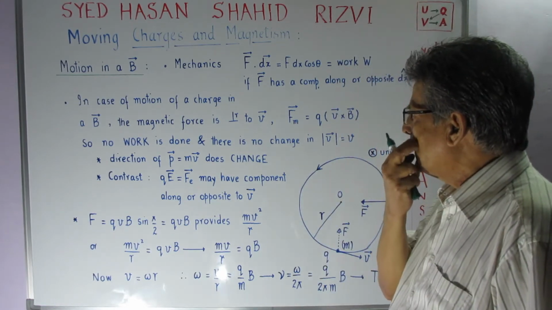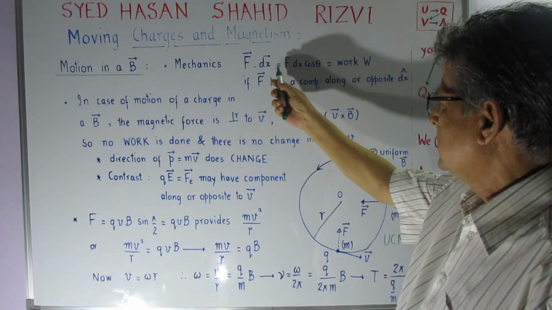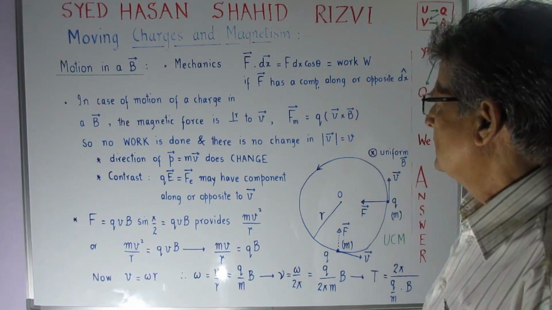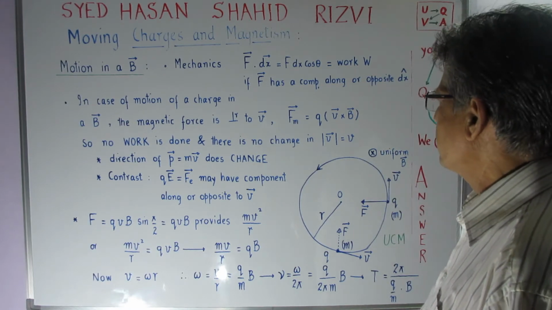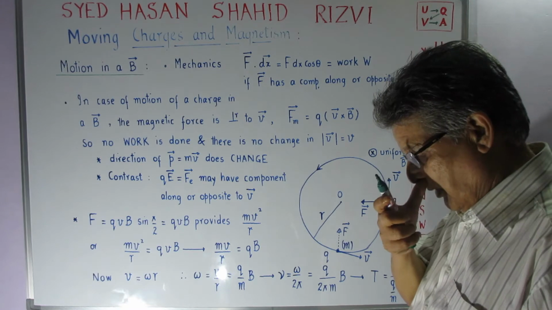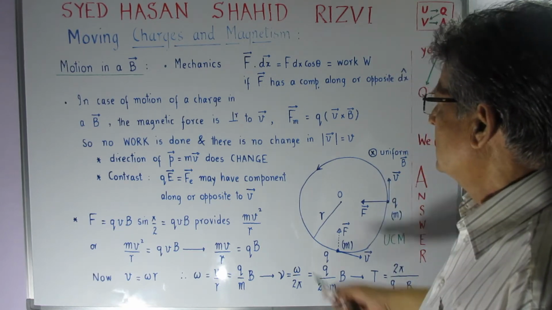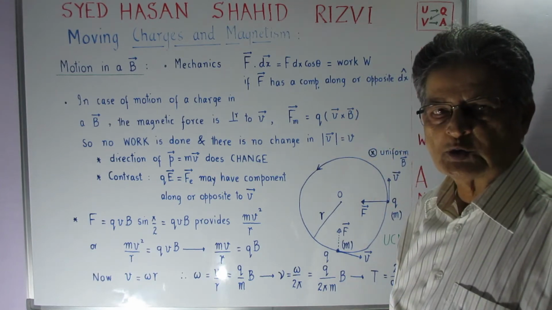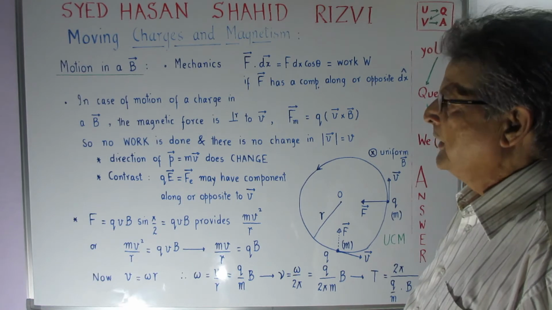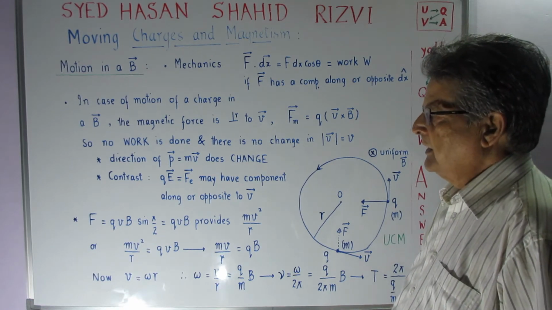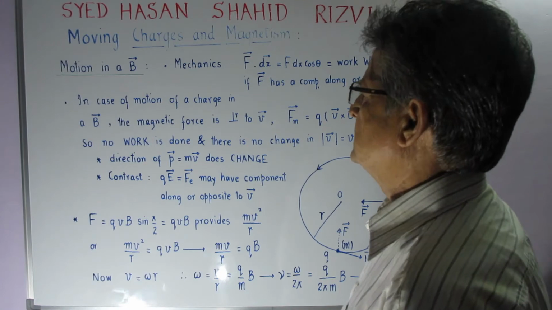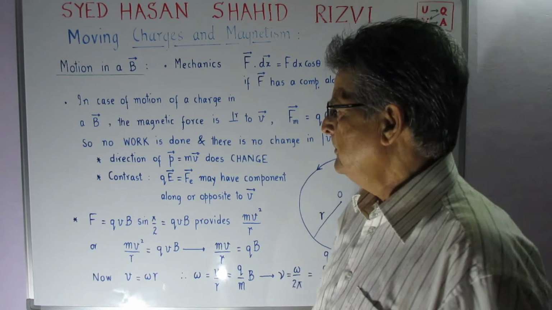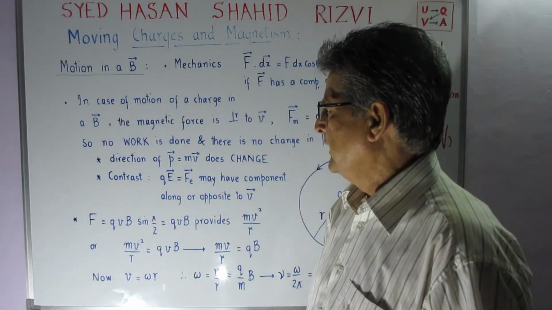So we could write a dot product F dot dx, which is F dx cos theta, and it is equal to the work done W. This is finite only when this F has a component along or opposite to the direction of motion of the particle. So let us see what happens in the case of motion of a charged particle, charge q, mass m, in a magnetic field.